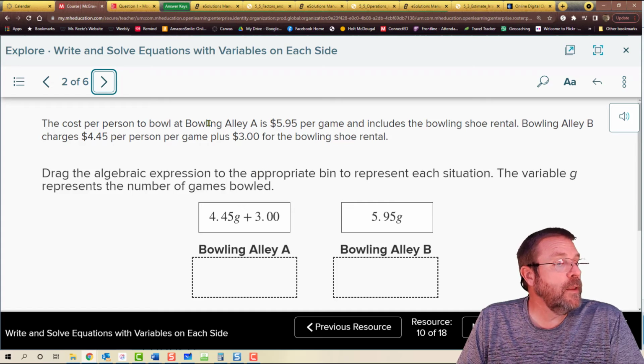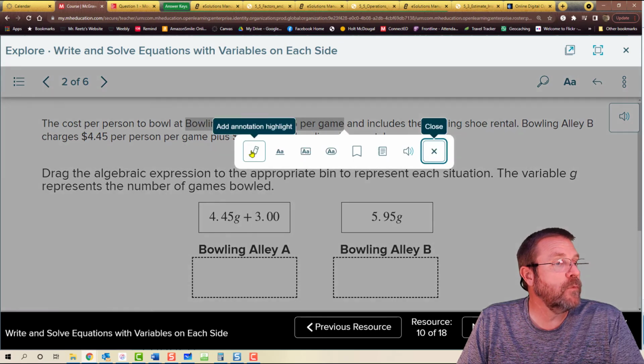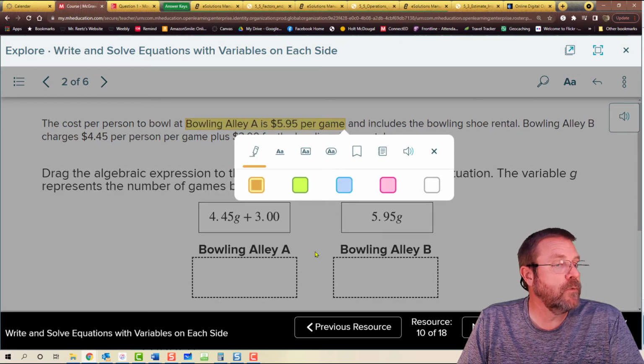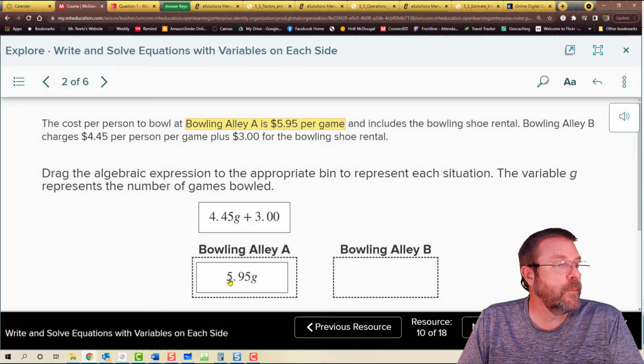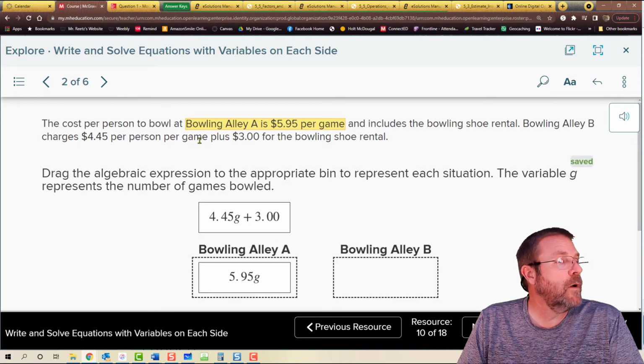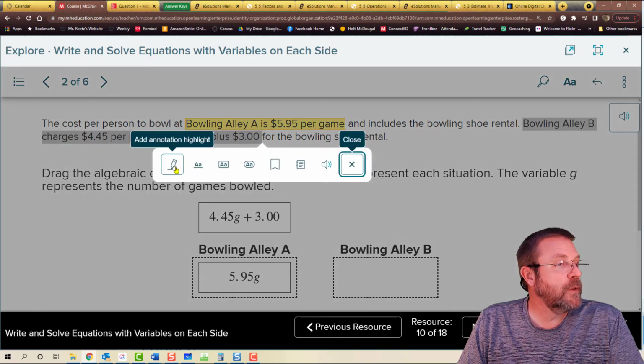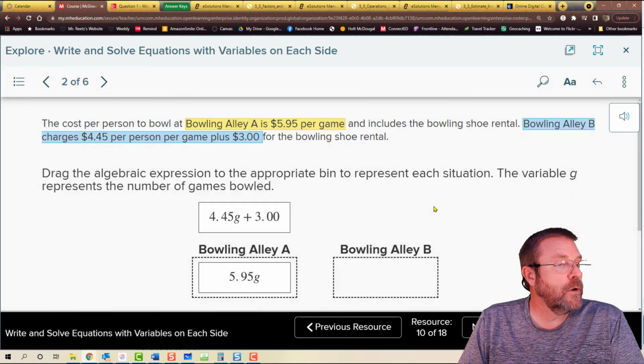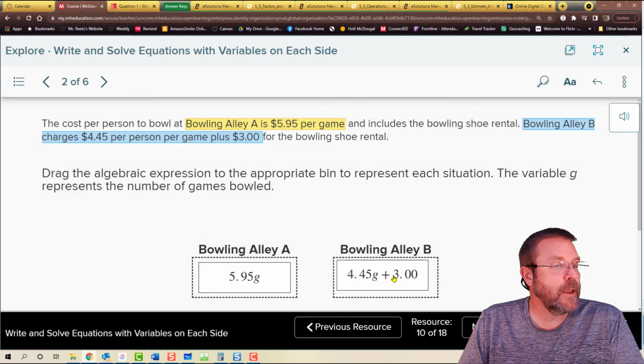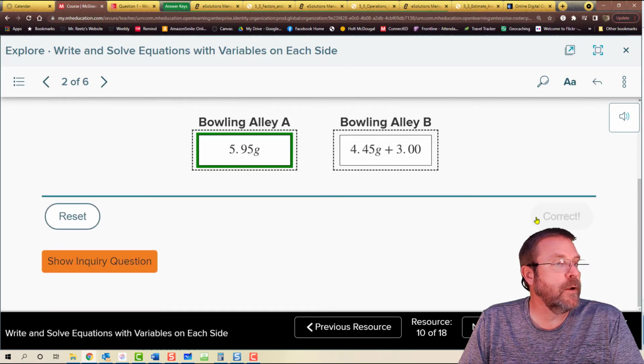Well, bowling alley A was just a flat $5.95 per game. So that's going to be bowling alley A. So I'm going to drag that one and drop it here. Meanwhile, bowling alley B wanted $4.45 per game plus $3 for bowling shoes. That's going to be bowling alley B right there.